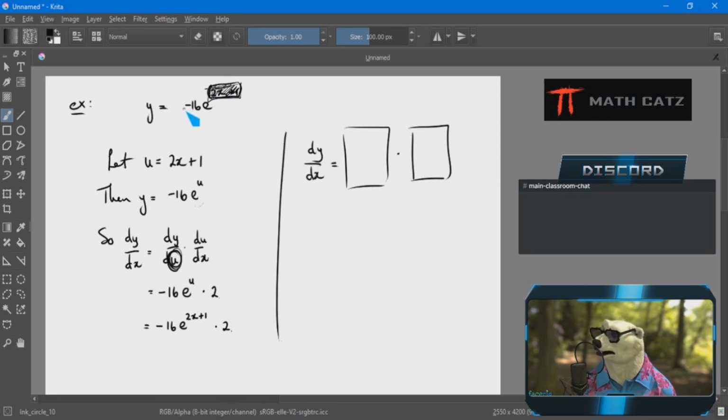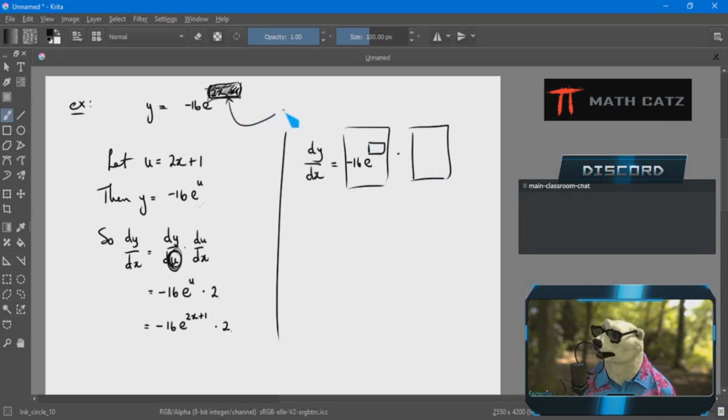What I then have is negative 16e to the something. Whether that something has a name or not, it's one thing. And the derivative of negative 16e to the something with respect to that something is negative 16e to the something, whatever that something is, because that something is now seen as the variable. Times, says the chain rule, the derivative of that something.